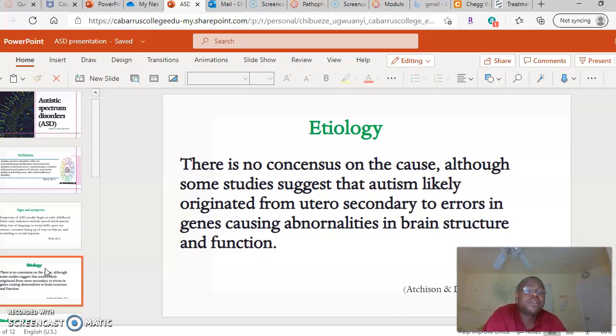One popular study suggests that autism likely originated secondary to an error in genes causing abnormality in brain structure and function. So this is the link of genetics to autism, because anything that alters the function of the brain through the gene is considered to be genetic.